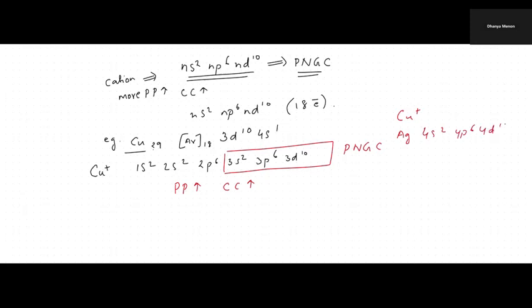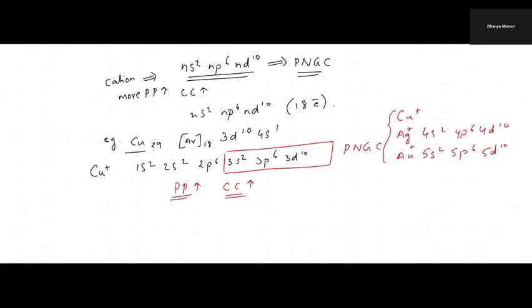And for gold, below silver, 5s2, 5p6, 5d10. So for all these three ions, the polarizing power is more and covalent character increases. Why?